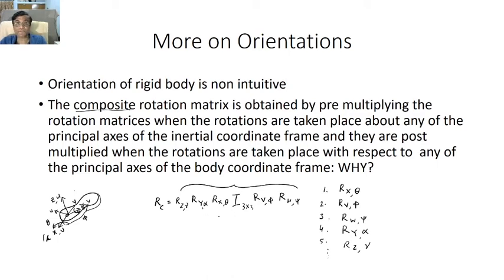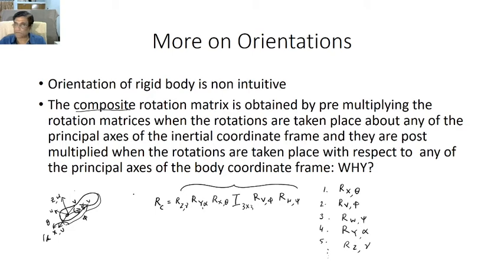So if you follow this procedure, you will never make any mistake, and you will be able to correctly figure out the composite rotation matrix with which the orientation of the body will be described.